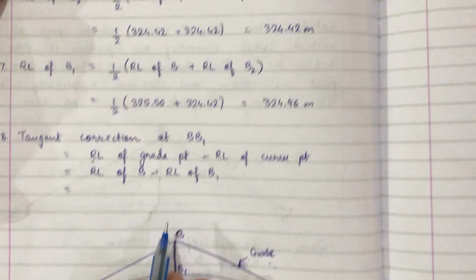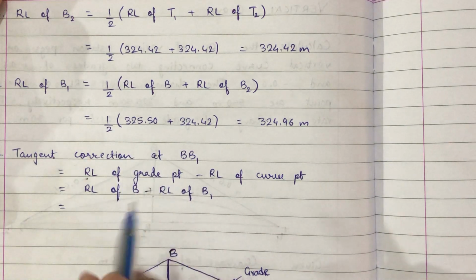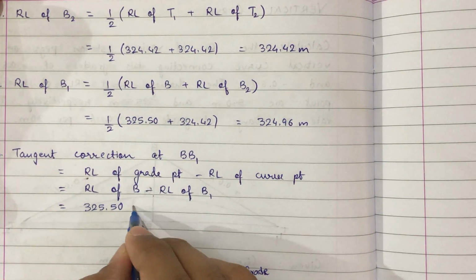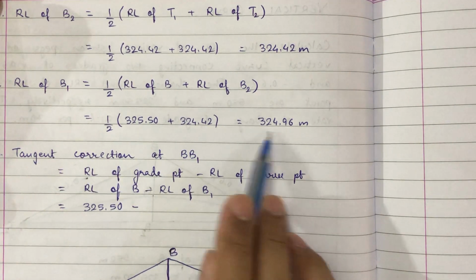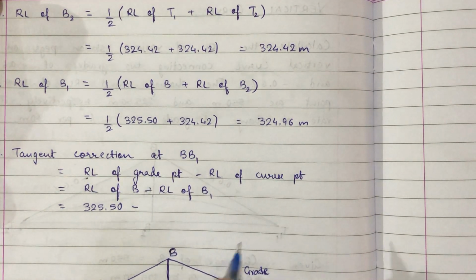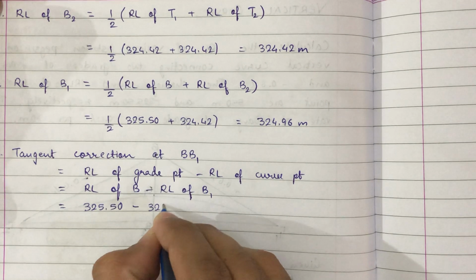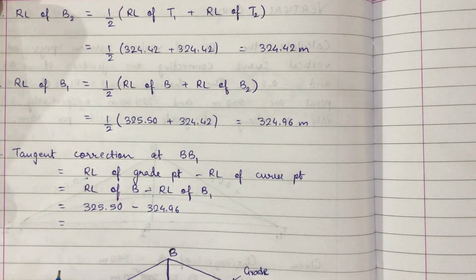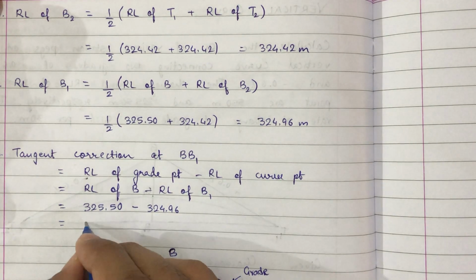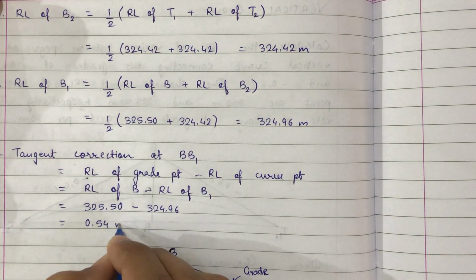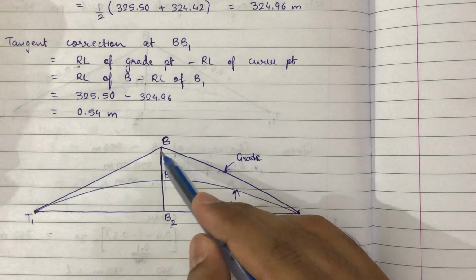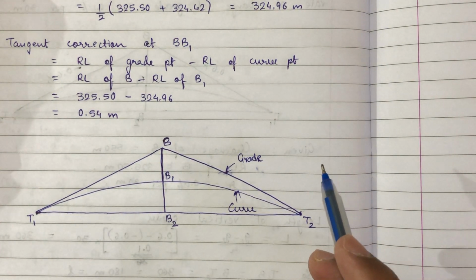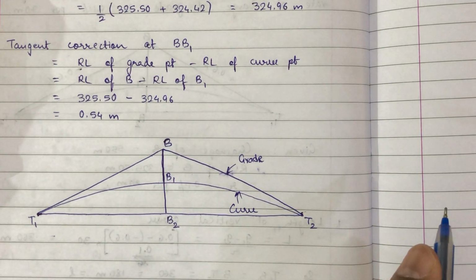So RL of B is already 325.5 and RL of B1 we calculated as 324.96. So this tangent correction at BB1 comes out to 0.54 meter. Hence, this distance is actually 0.54 meter. Okay.